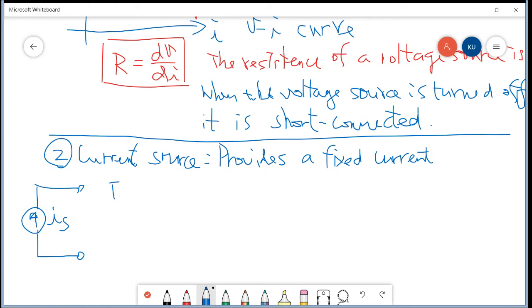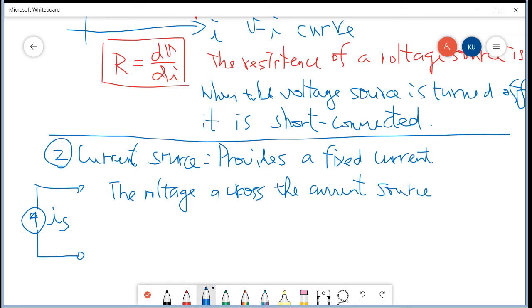However, the voltage across the current source cannot be determined by itself.